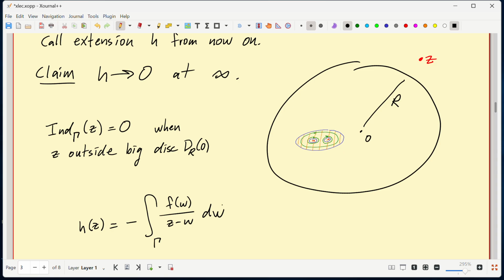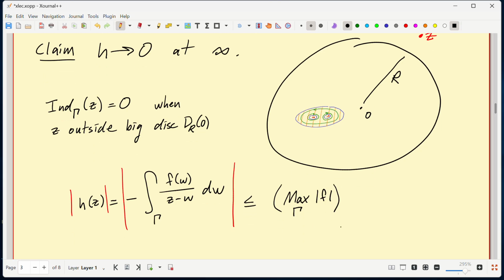And let me put a modulus here. That's going to be less than or equal to, if you generalize our basic estimate, this is really a sum of those integrals, but it's the max over gamma of f.